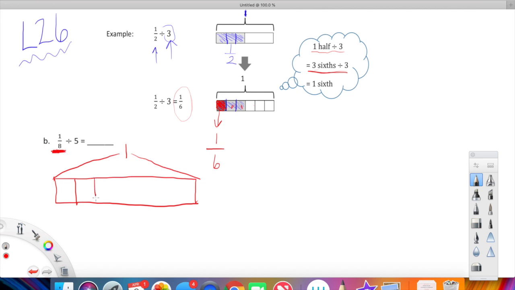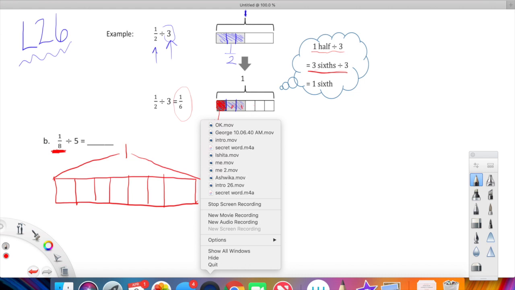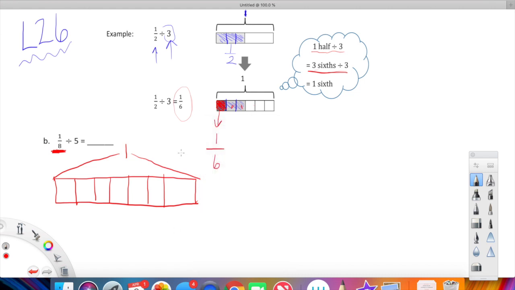So we have 1, 2, 3, 4, 5, 6, 7/8. Cool. So now this is our 1/8.